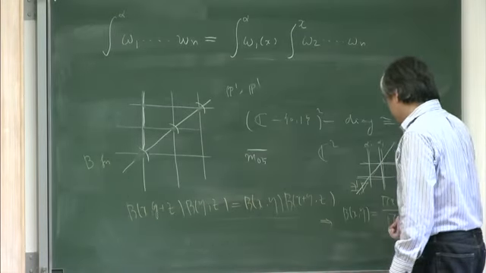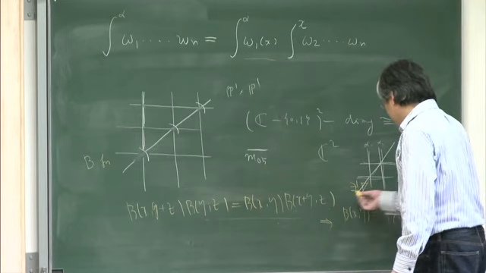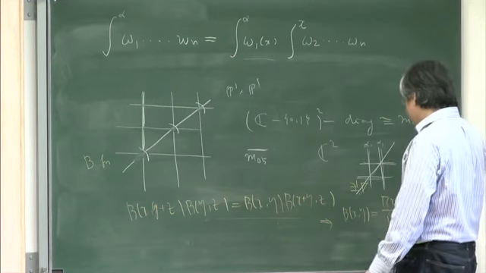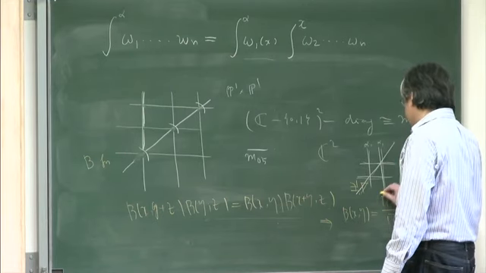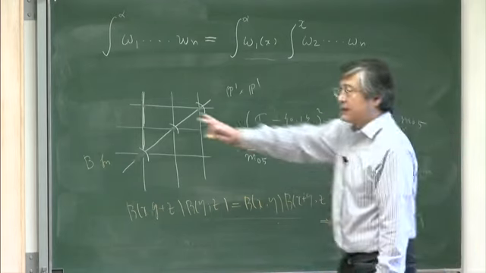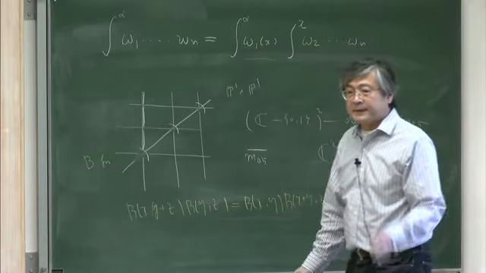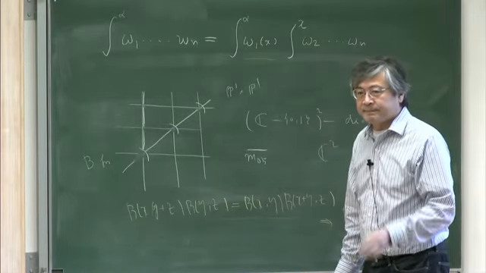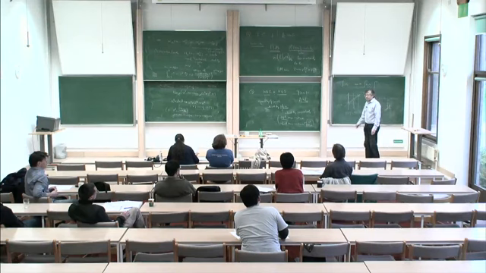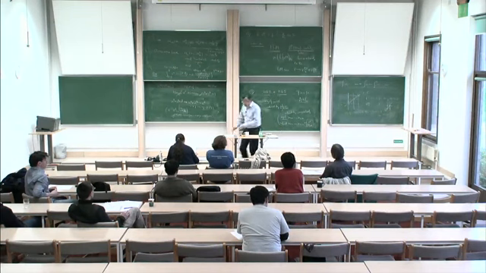Therefore, the beta function can be written this way. Then this is unique, so we can define the gamma function, and we can define the psi function like this. But this is one example.